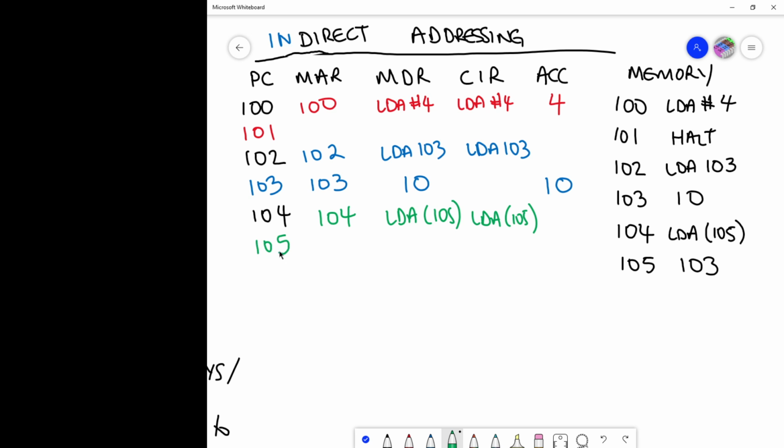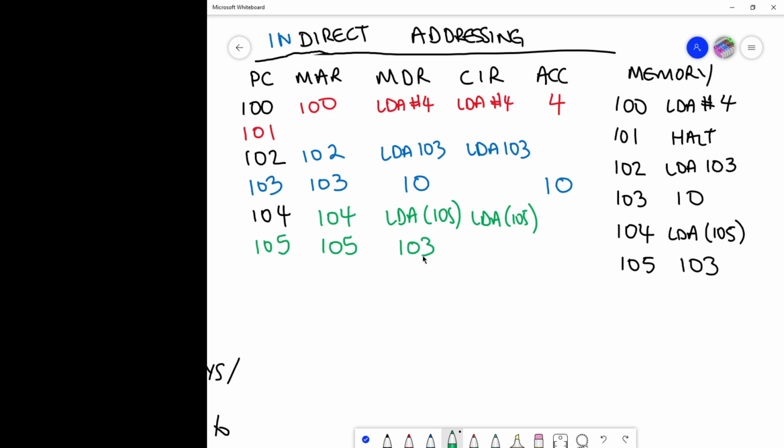It then goes, right, okay, indirect addressing. So 105 isn't my data, it's an address. So it puts the address in the memory address register, and it issues a read signal down the control bus. We grab from memory, and it arrives at the memory data register. And the control unit goes, right, okay, what was it doing again?